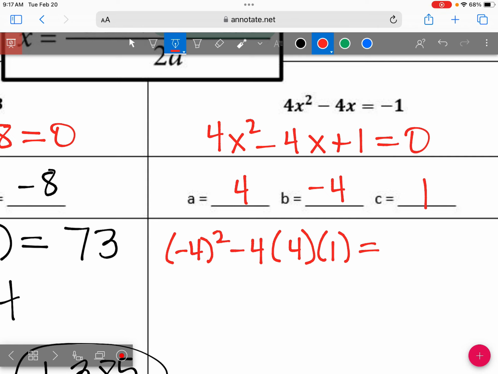You should get 0. Who got 0? So going back to the Bell work, what does that mean?